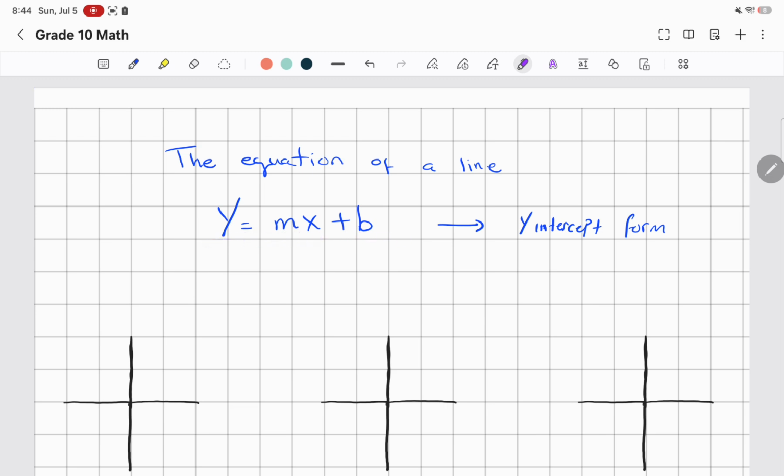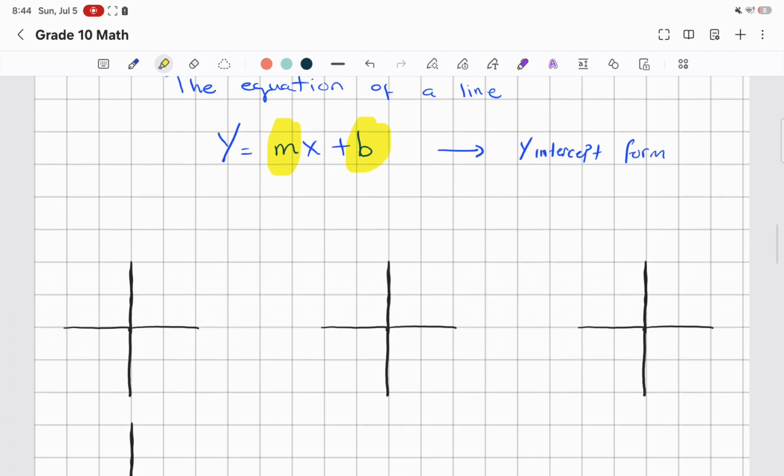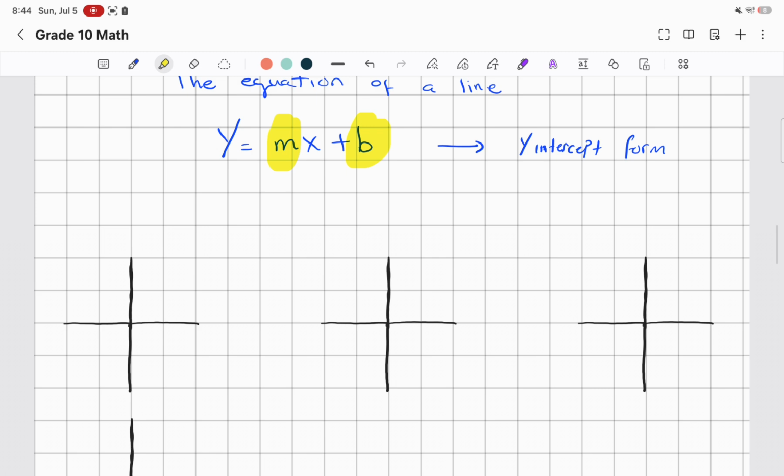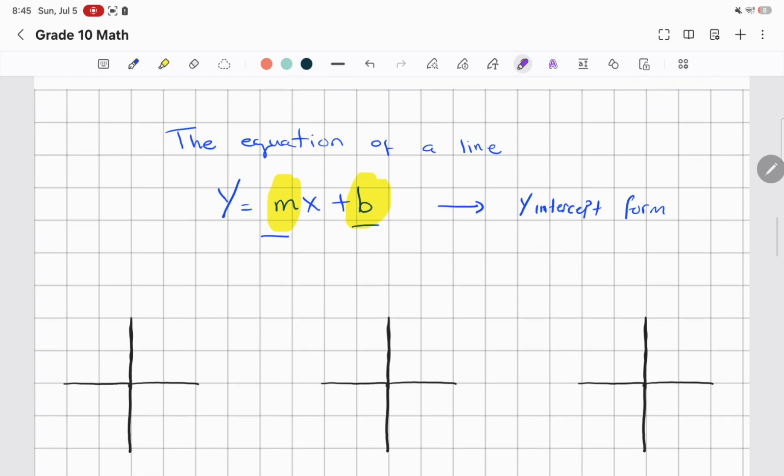The reason it's called slope and y-intercept form is because the equation is formatted in a way where the y-intercept and the slope are visible, right? That's the first form of a line.